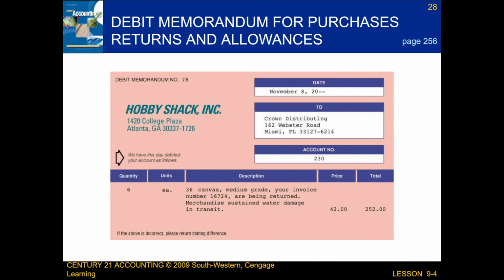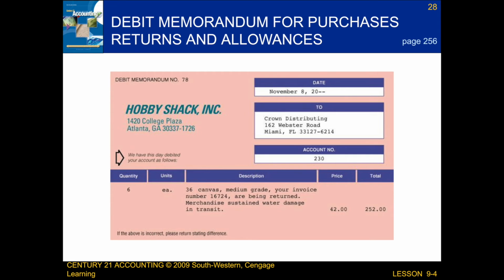It's from Hobby Shack Incorporated, and it shows us their address and where they're located. It also says down there, by the arrow, we have this day debited your account as follows. The date is November 8th. It's to Crown Distributing, and it shows us their address and where they're located. And the account number is 230.